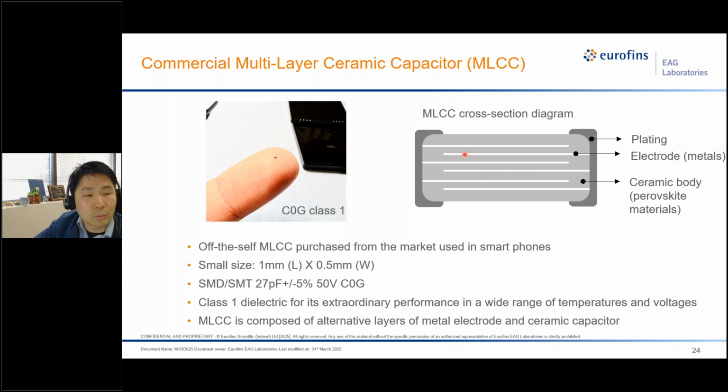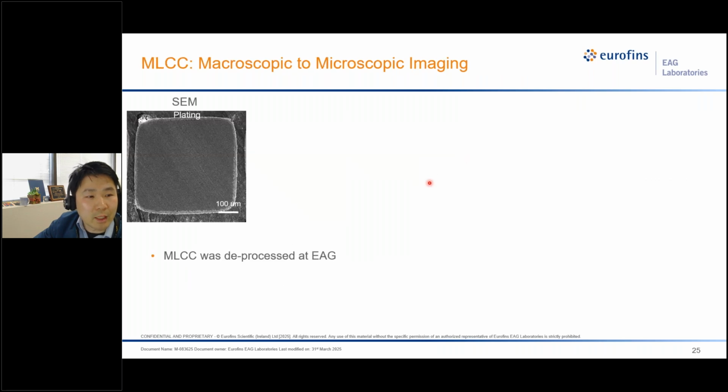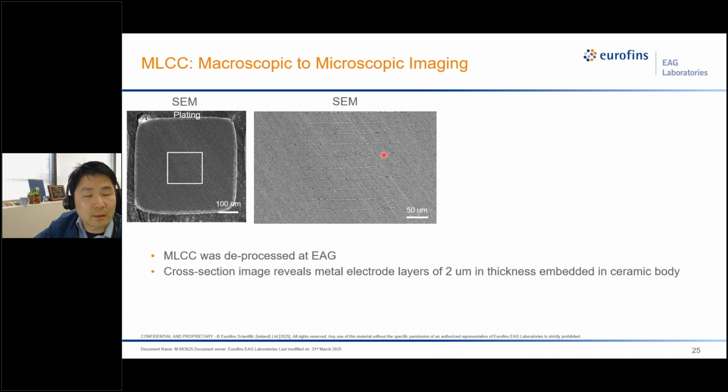The sample was purchased from EAG, and we carefully mounted and deprocessed it to the cross-section. This is an SEM image observed in cross-section, where these thin bright lines are the 2 micrometer thick electrodes embedded in a huge body of ceramic.